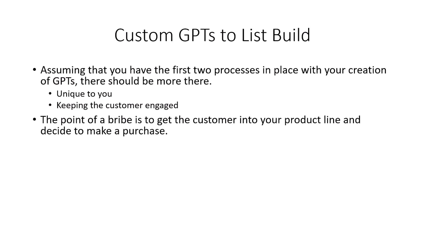That's not the point. The point of getting people into our list is to get them into the product line. So you've got to follow through. You can't stop at creating an opt-in bribe that gets them onto your list. You've got to keep the pressure on inside of the bribe to get them to make a purchase, to decide, to get them into your product line. That's why you list build.